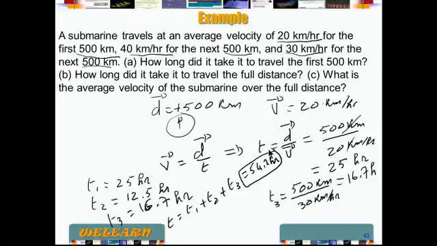Part C, it's asking about the average velocity of the submarine. So the average velocity of the submarine for the full distance is going to be the displacement for the full distance over the overall time. Now the displacement is 500 plus 500 plus 500, so it's 1500 kilometers over the full time, which we said is 54.2, I believe, hours.